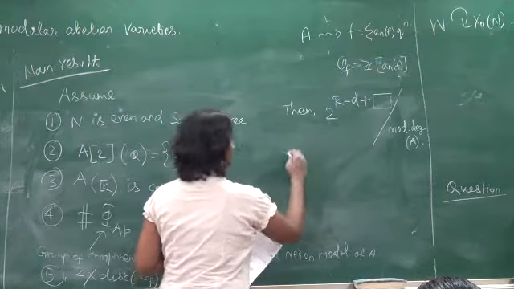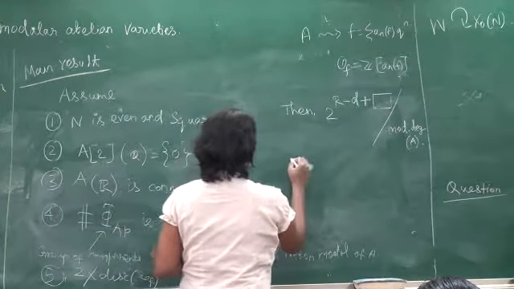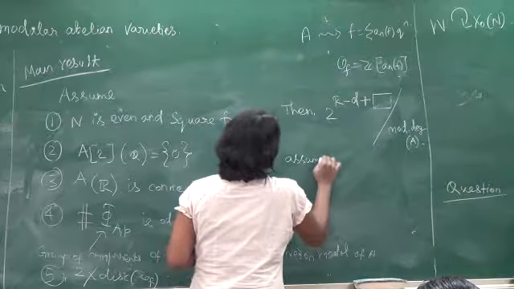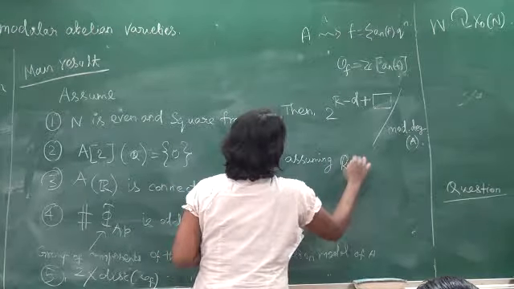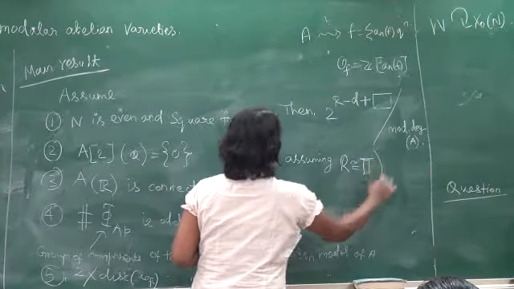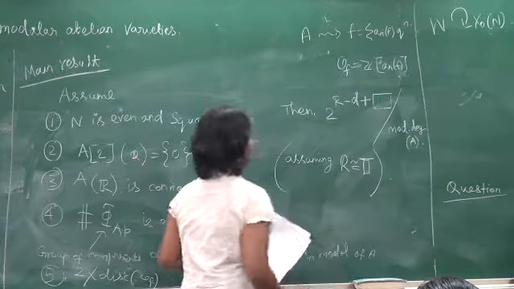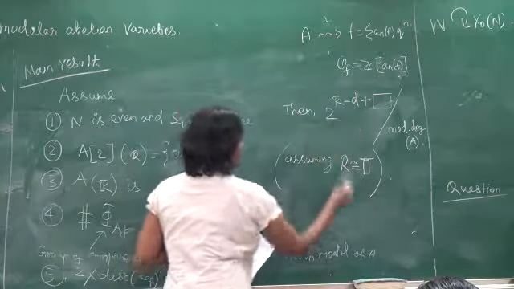I am also assuming the same condition, R is isomorphic to T, with r and d.